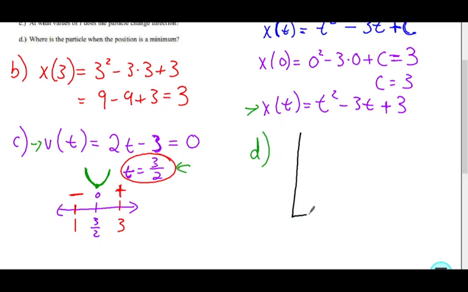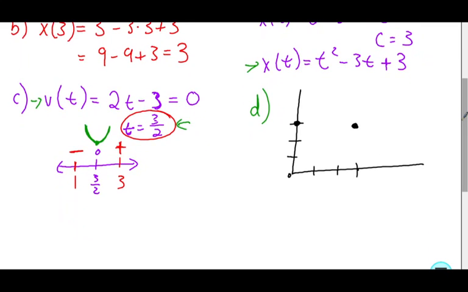If you graph this using the points we already know, when time is 0, position is 3. We also know that at 3, we get 3, because we already did that in part B. We also know that there's a critical point at t is 3/2. So the last part of part D is to ask, what is x of 3/2?